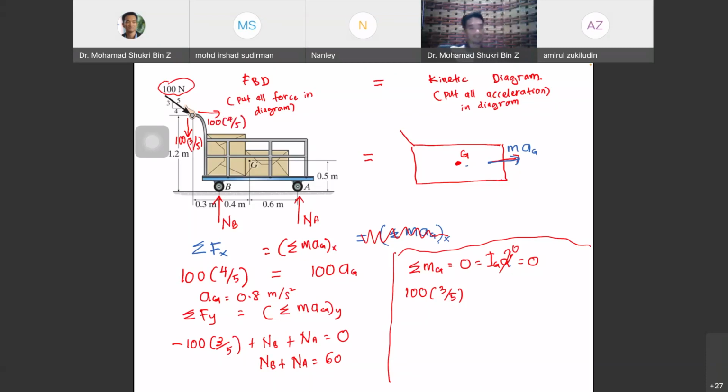The upper one is 100 times 4/5, the lower is 100 times 3/5. So we get the moment at G. We have 100 times 3 over 5 times the distance, so 0.3 plus 0.5, the distance from G to this force, which is 0.7.